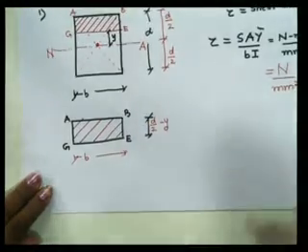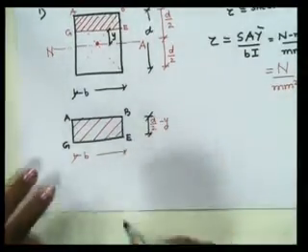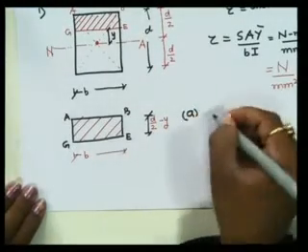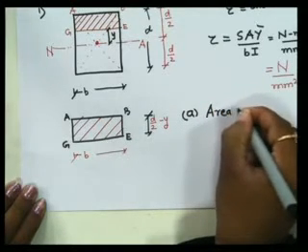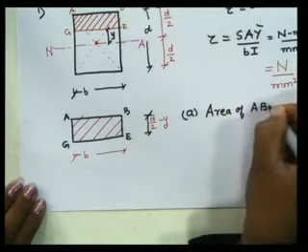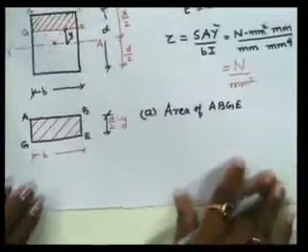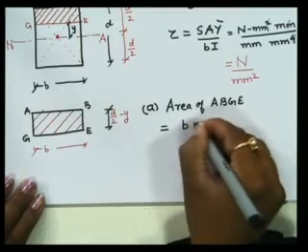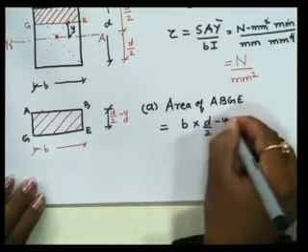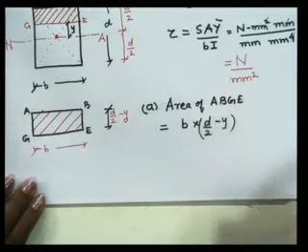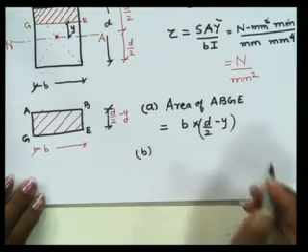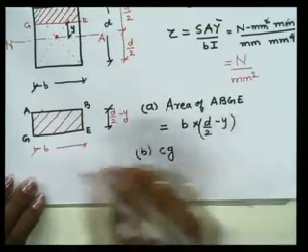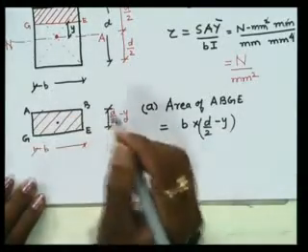Now we want to find out first the area. The area of ABGE is equal to B into D by 2 minus y. Second is the CG, the centroid of area ABGE, again the intersection of diagonals.